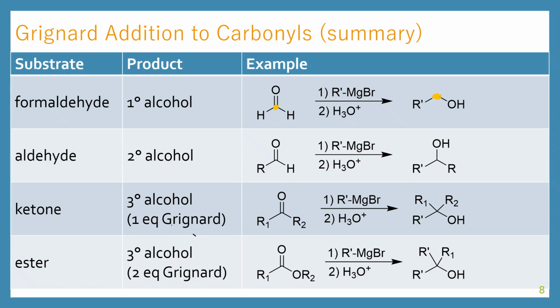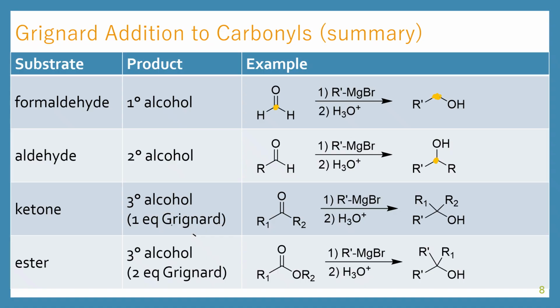For any other aldehyde, reacting with a Grignard is going to make a secondary alcohol because that other R group is going to be there as well. So here's our carbonyl carbon. And we have our R group from our original aldehyde, and we have our R prime from our Grignard. So secondary alcohol is our product.